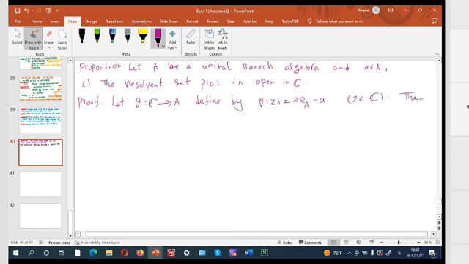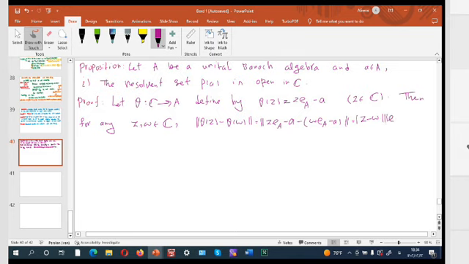Then for any Z and W in the complex numbers, we see that the norm of theta of Z minus theta of W equals the norm of Ze minus A minus We minus A, and because this A can be omitted, this is equal to the absolute value of Z minus W multiplied by the norm of e.